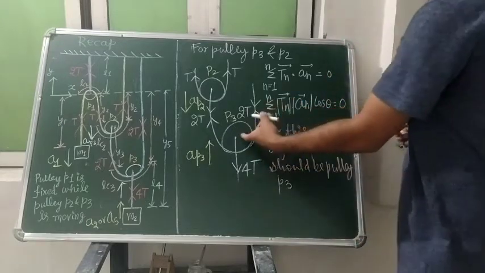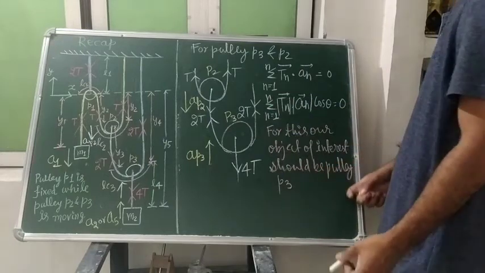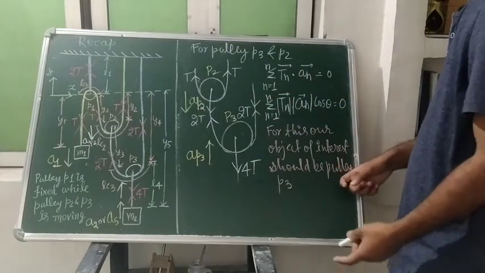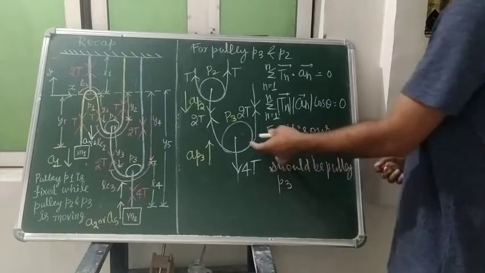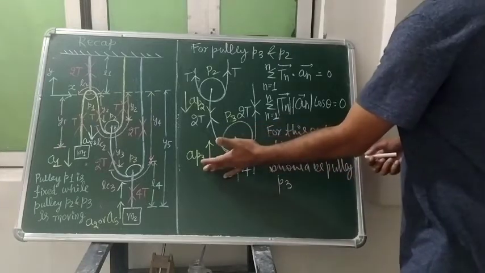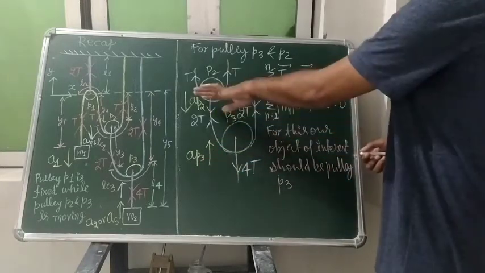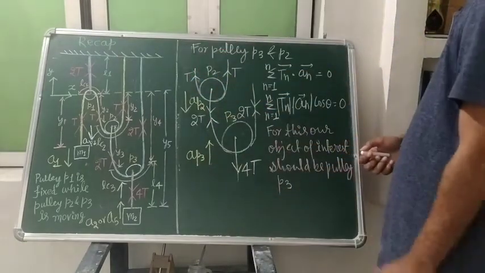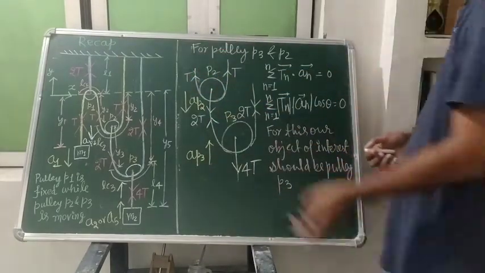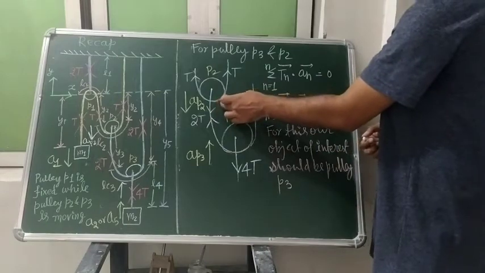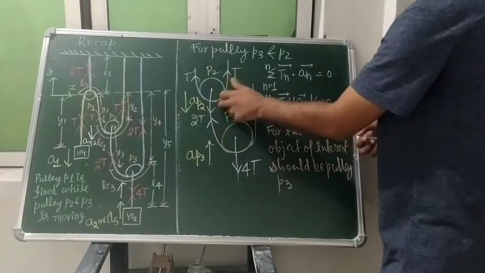You will keep that in your mind, because otherwise it will give you a wrong answer. So you will select P3 as your object of interest. I have assumed AP3 is upside, and for AP2 I have selected this. For pulley P2, the total tension was what? 2T.